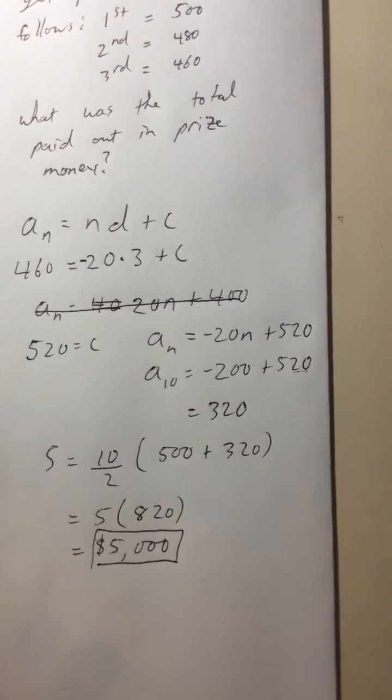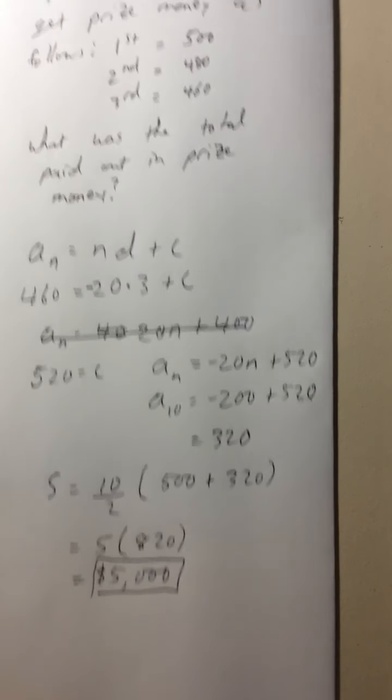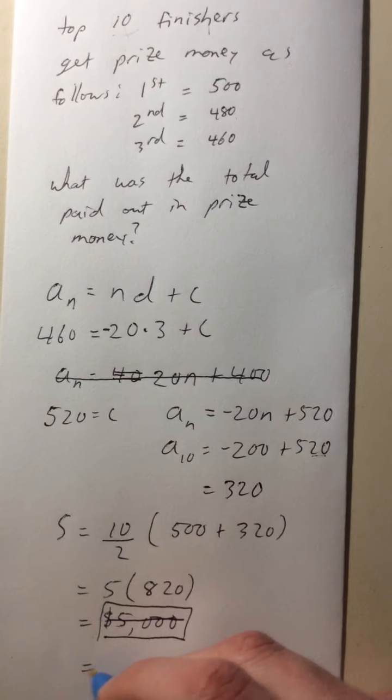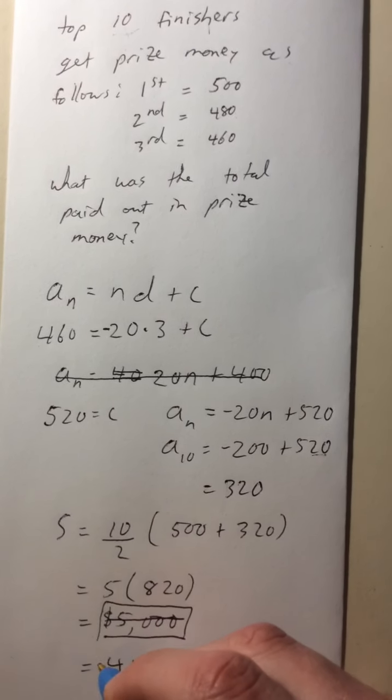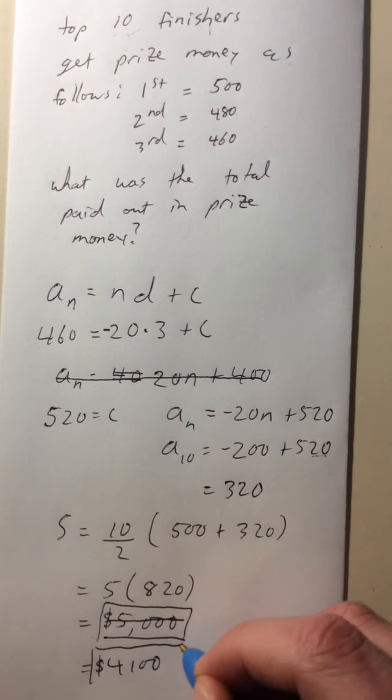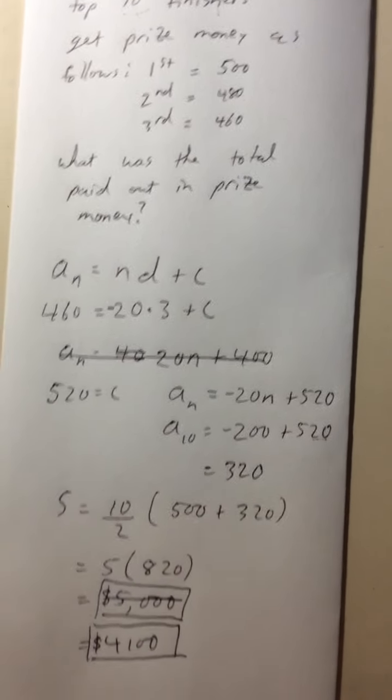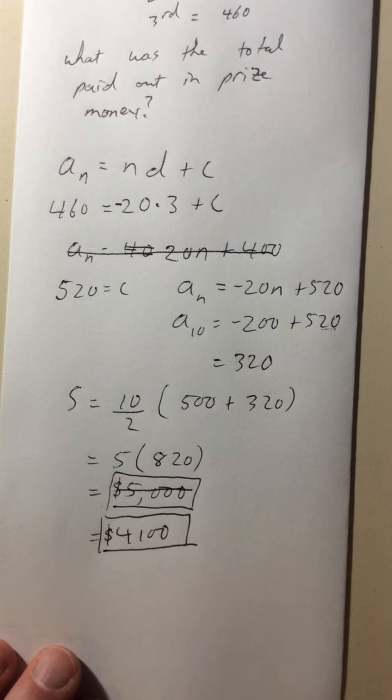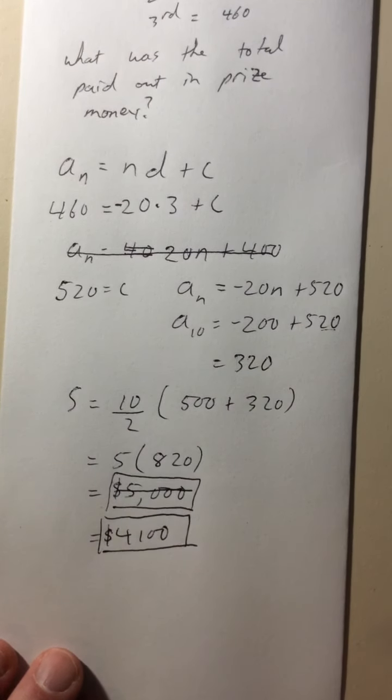No. I'm going to check because I don't trust myself anymore. 820 times 5 equals, oh, there we go, 4,100. Yeah, I went 1,000 instead of 100. Equals 4,100. Okay, well, good thing my feelings were operating correctly. So there it is, 4,100, not 5,000. Okay, there it is.